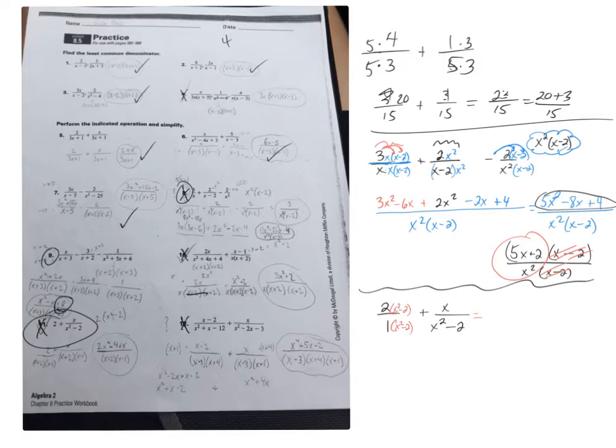So our common denominator is x squared minus 2. And in the numerator on the left side, we're going to get 2x squared minus 4. And then we're adding that to x. So we get 2x squared, just rearranging our terms, plus x minus 4 over x squared minus 2.